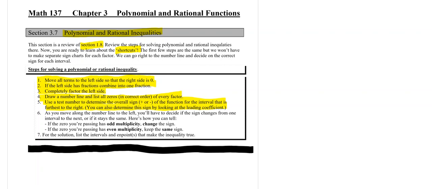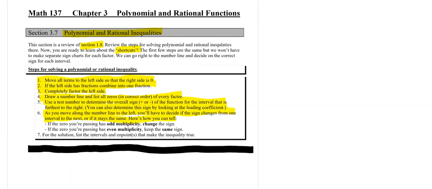Then all we really need to know is, as we move along the number line from right to left, from the biggest numbers towards the smaller numbers, how does the sign change, or does it change? How does the sign chart look? That has to do with the multiplicity.